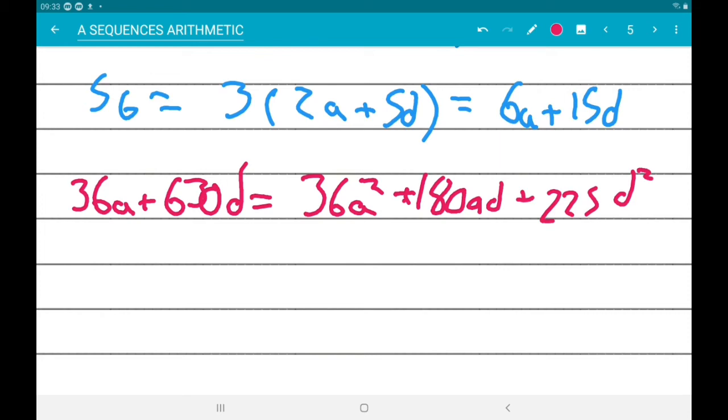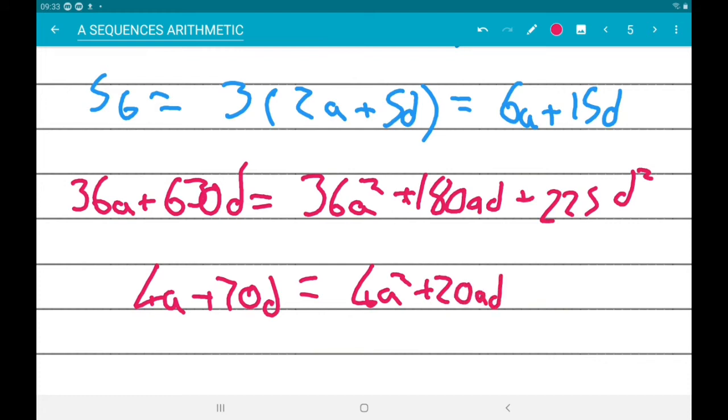So divide through by 9 and we get 4a add 70d is 4a squared plus 20ad plus 25d squared. Boom.